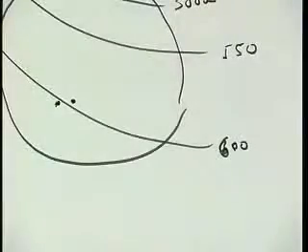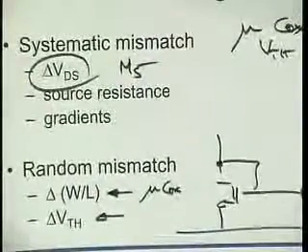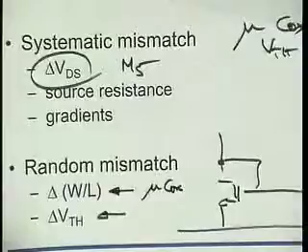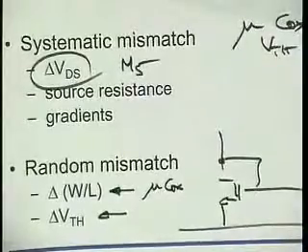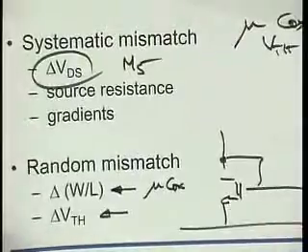Okay. Now, when we analyze one of these things, again, these are large signal parameters. So we need a model. Fundamentally, we just need a model that exhibits these large signal parameters. So for that, again, we go back to the square law model.